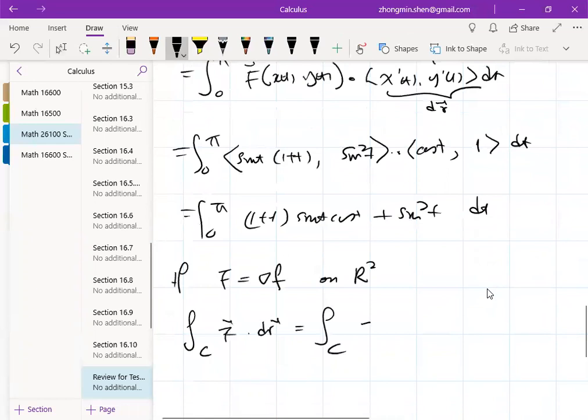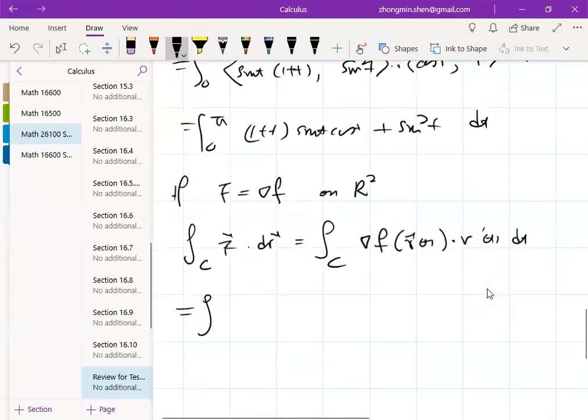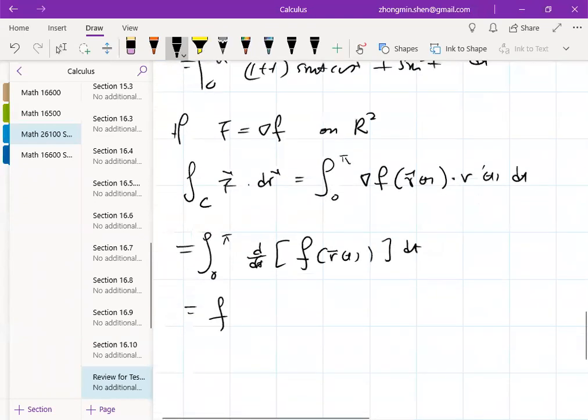So this is a gradient of f, right? So actually, this becomes the integral from 0 to pi of the derivative of f. By the fundamental theorem of calculus, it is only going to be the value at the two endpoints.